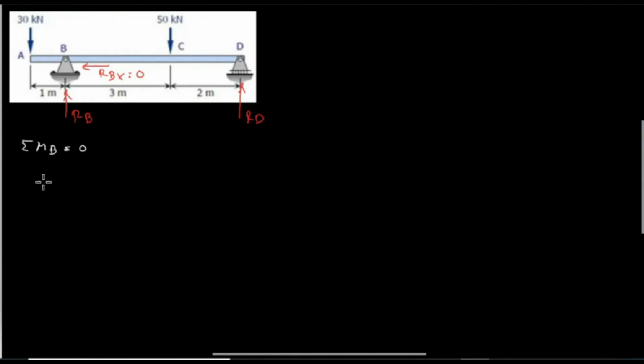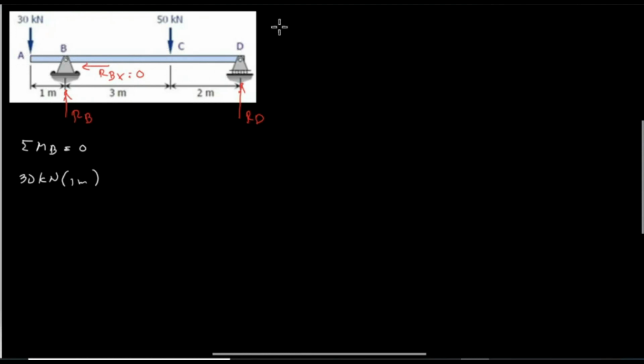First, usually you start from the left, all loads from the left going to the right direction. So 30 kilonewton times the distance from A to B, which is 1 meter, and the direction of the 30 kilonewton is downward, and going to B is in this direction, which is counterclockwise.